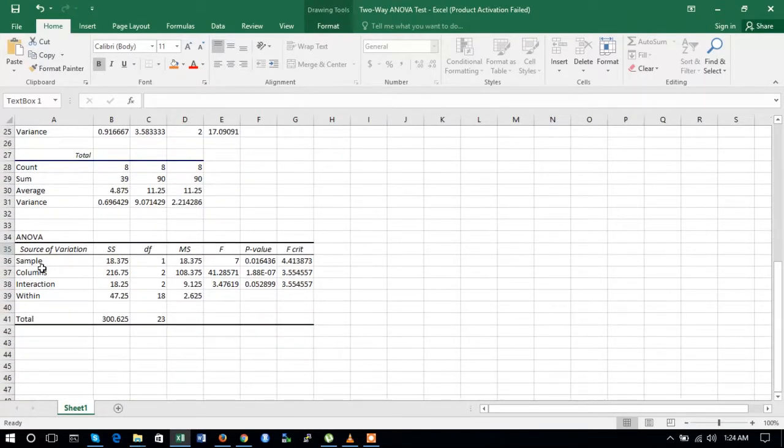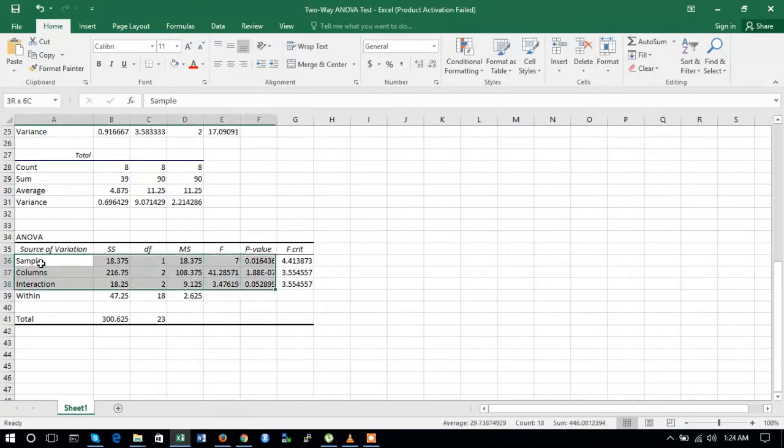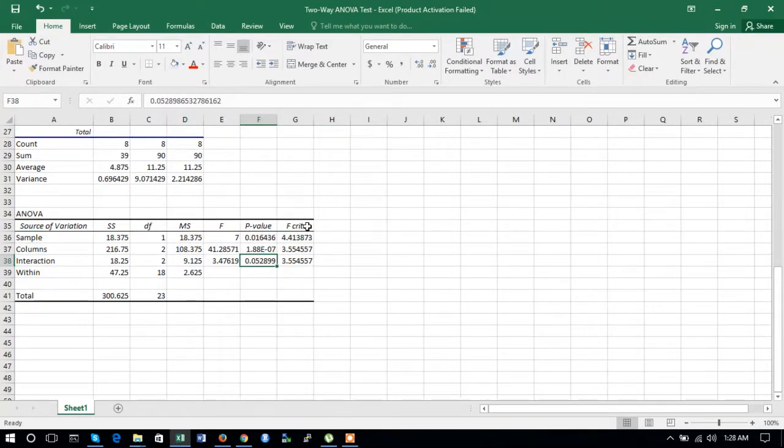So these are the 3 sources of variation for the two-way ANOVA, and now we will be checking the different values of the ANOVA table. We have the sum of squares, the degrees of freedom, the mean squares, the Fisher value F statistic, the P value, and the F critical value.